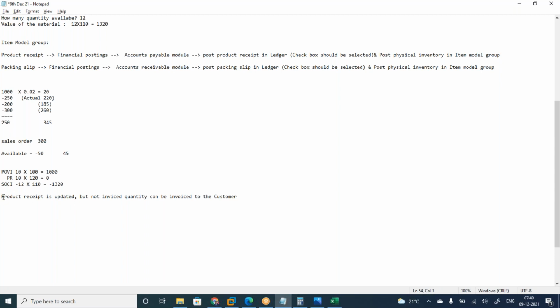From the vendor, we received material. From the vendor point of view, for the purchase process, we have received product receipt but not invoiced. This not invoiced quantity can be invoiced to the customer.